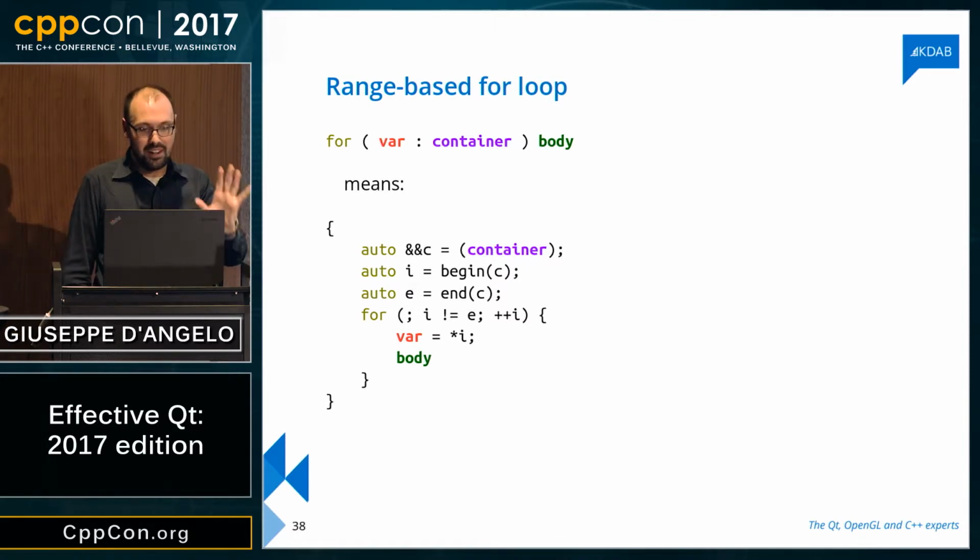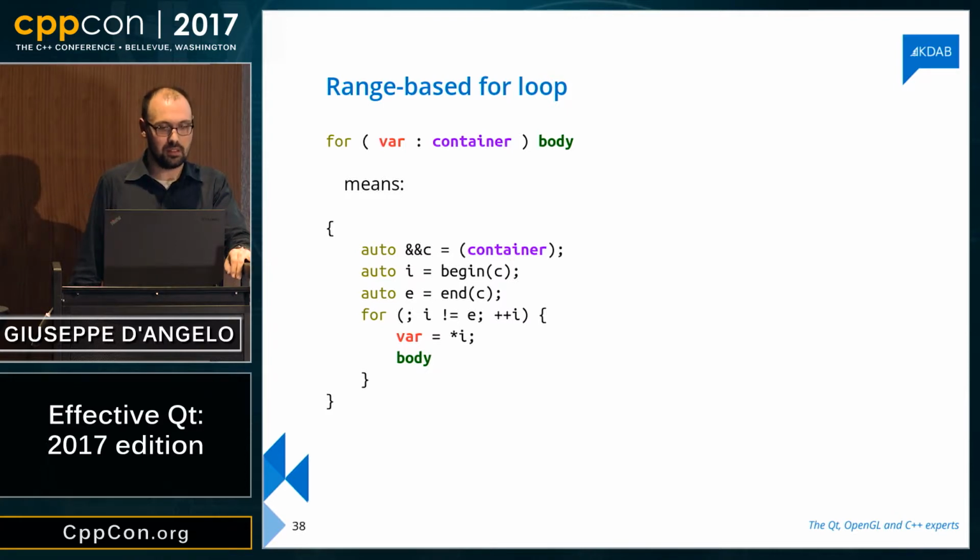This looks, when evaluated, again, just exposition only, that's not the actual code, but will turn out to be something like that. So you evaluate the container expression and you assign the result to a reference, not a copy, a reference. Then you call begin and end of whatever you just obtained, and then you iterate. This looks good, right?